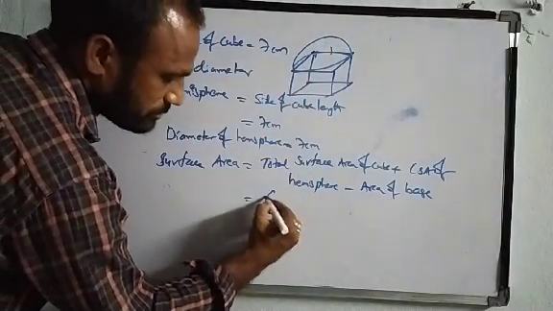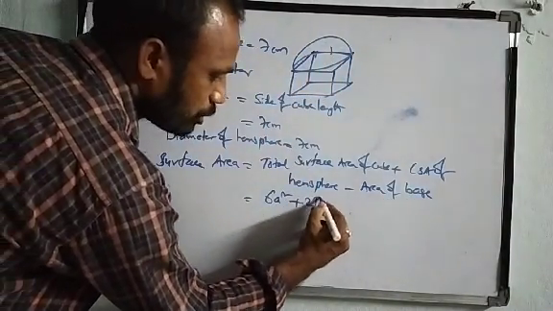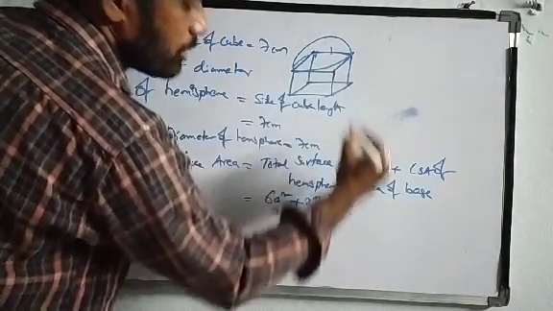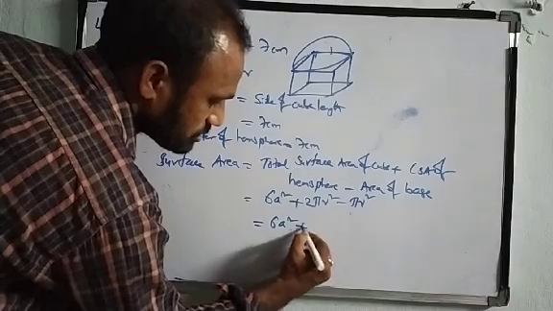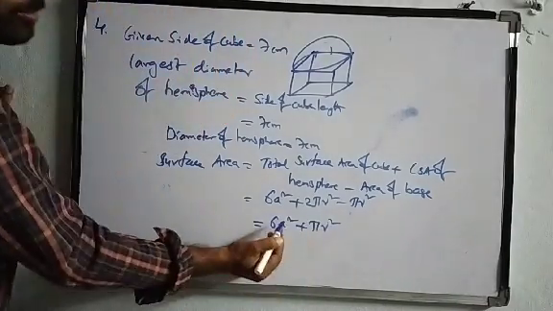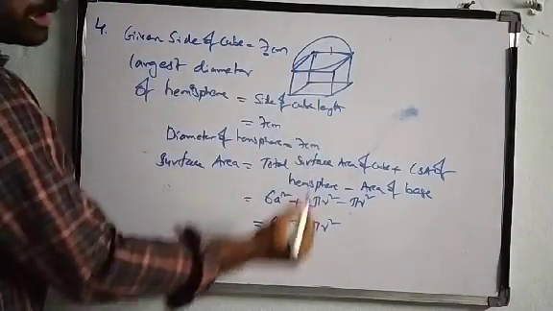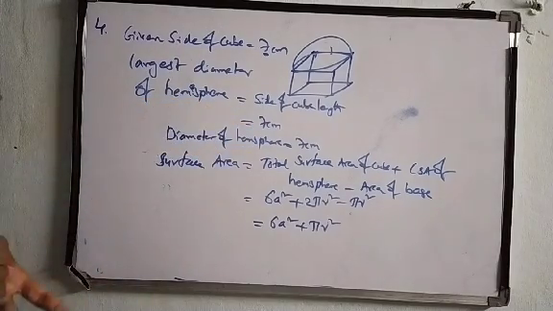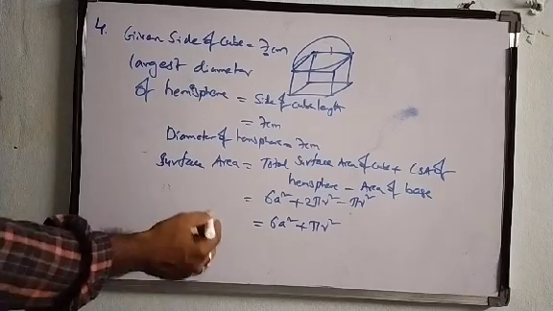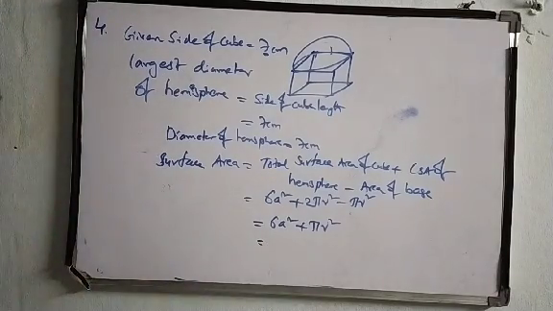So here total surface area is 6a square plus 2 pi r square. Since base is in circular shape, area of circle is pi r square. So that is 6a square plus pi r square, where a, the side, is 7 centimeter and radius is 7 by 2. Since diameter is 7, radius will be 3.5. So instead of that we can write 7 by 2. If you do further calculations, you will get the answer. That is the surface area. Next, coming to the fifth question.